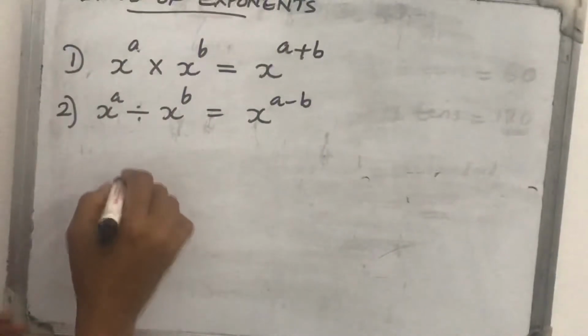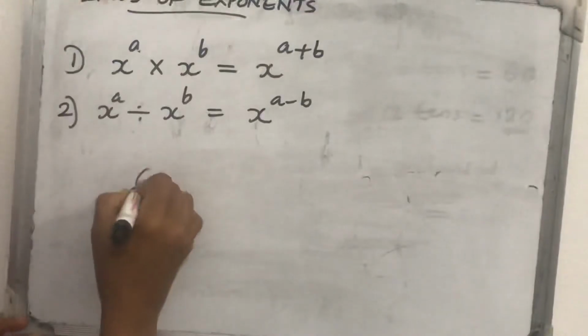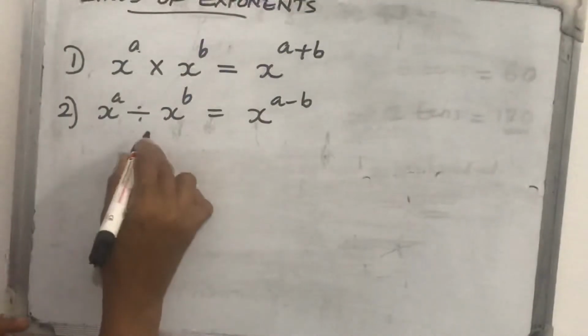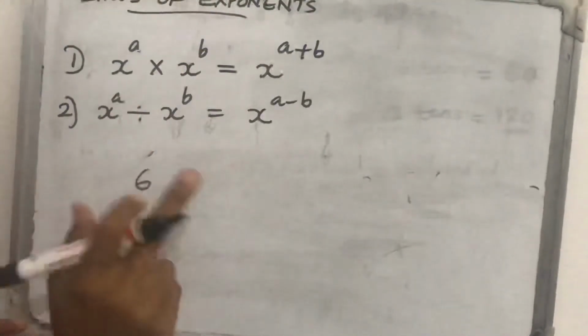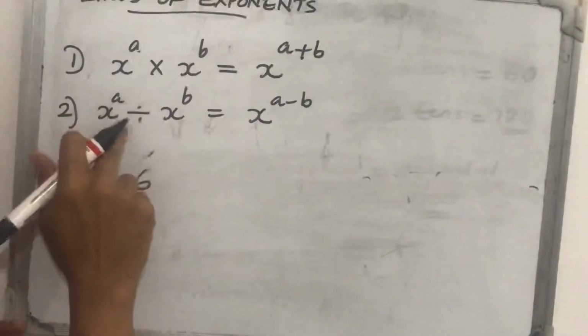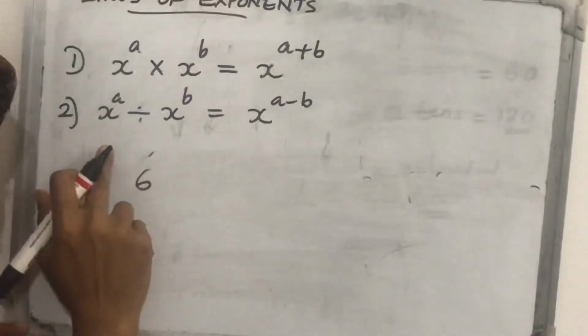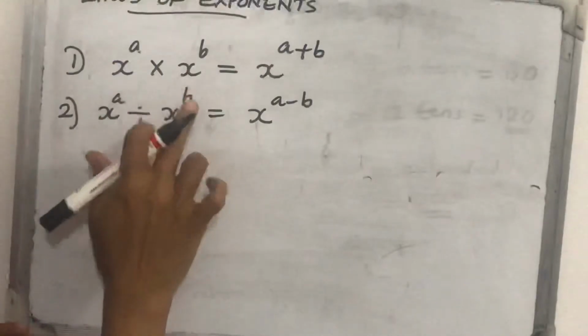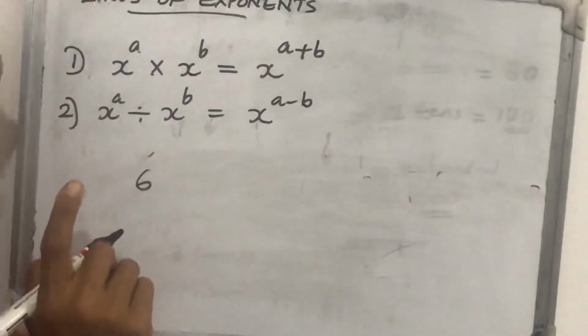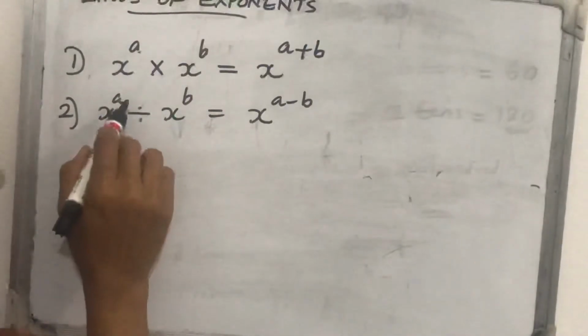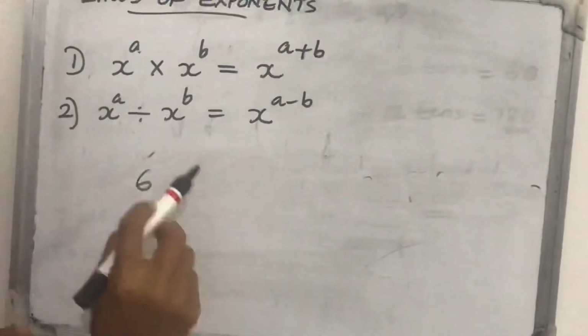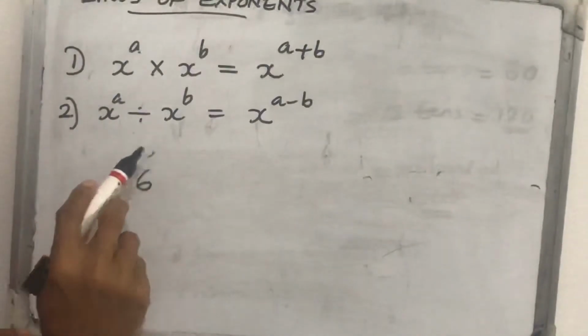There is another condition also. Here x should be any rational number and a and b will be any whole numbers, such that a should be greater than b.